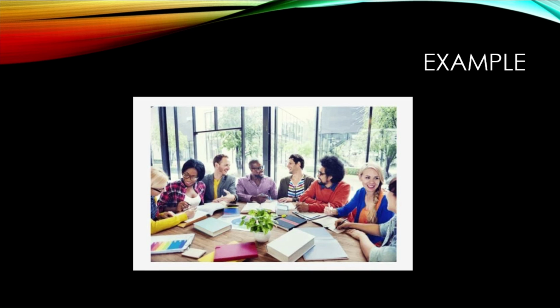For example, this is an image you can see on your screen. You look at this image for up to 15 seconds, and then the examiner can ask you questions like how many people are there in this picture? What is happening in that image? Can you tell what the feelings are during this activity? These kinds of general questions can be asked in the last part of the speaking of the Oxford.